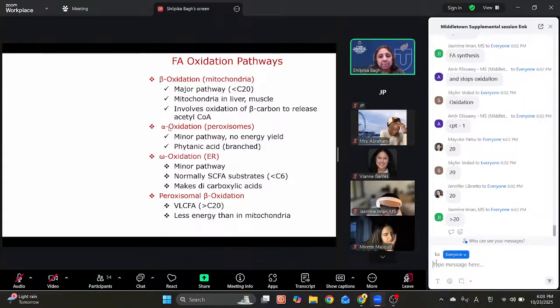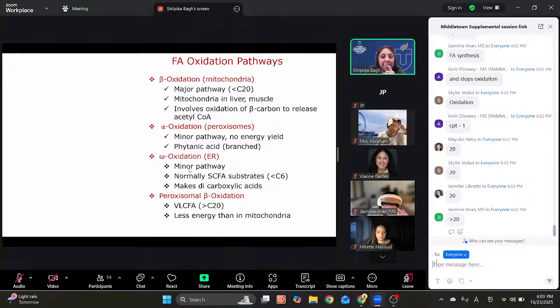Have you heard about Refsum's disease? Did Dr. Panini talk about Refsum's disease? Refsum's disease is because of hydroxylase deficiency, when which oxidation is missing? Alpha. Alpha requires a hydroxylase.